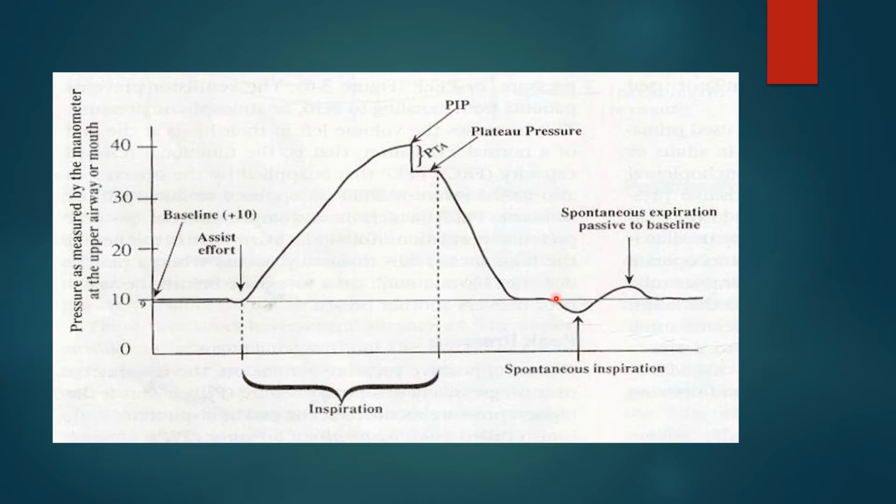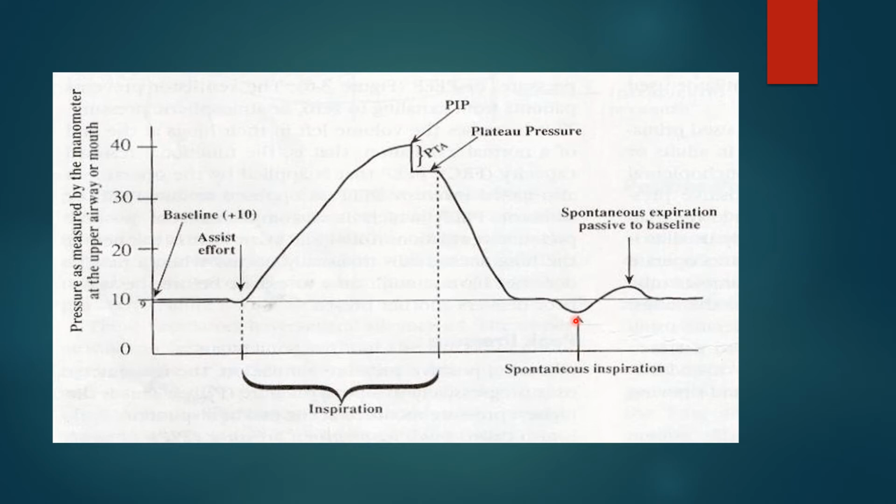So this is what pressure looks like when the patient's breathing spontaneously on the ventilator. Kind of makes a sine wave. The peak flow is in the middle of inspiration, and so the biggest drop in the pressure will be in the middle of inspiration. So this is a patient on a ventilator with 10 PEEP.